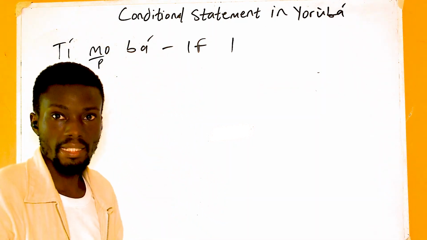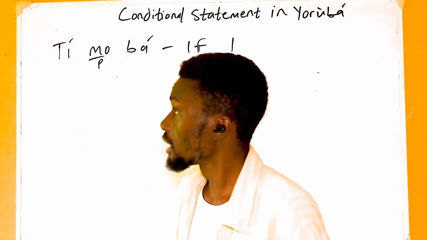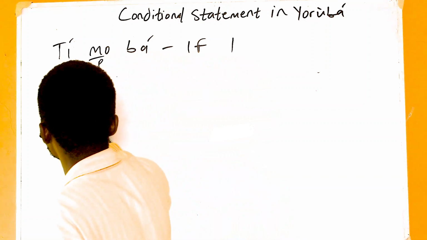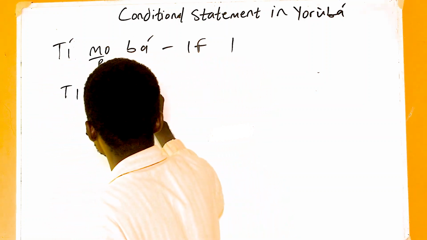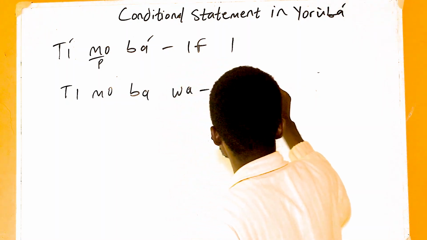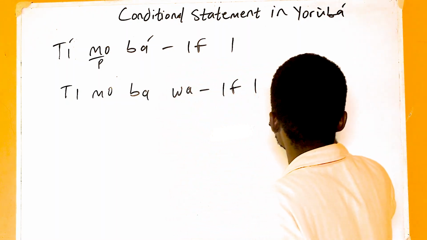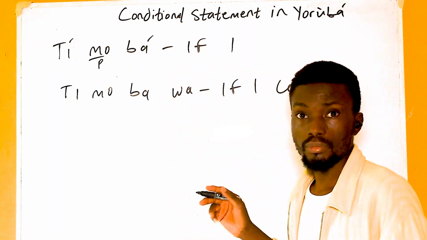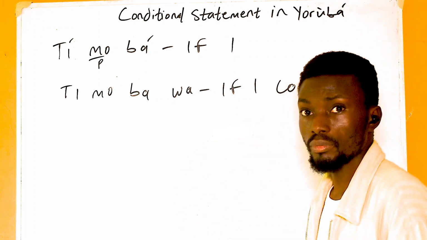Going ahead and using them in real examples, we can say "ti mo ba wa", which is if I come.